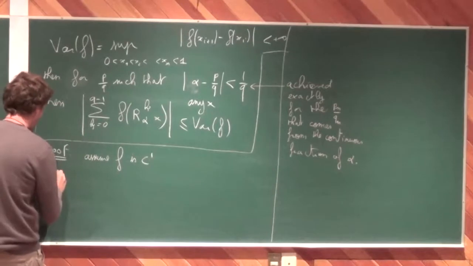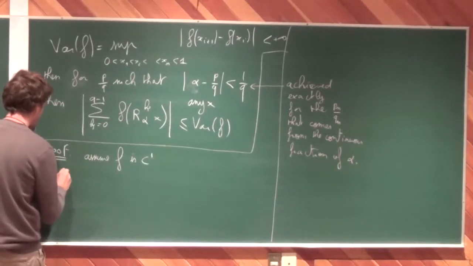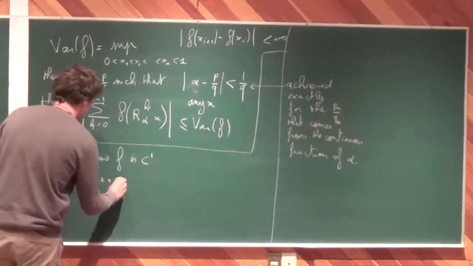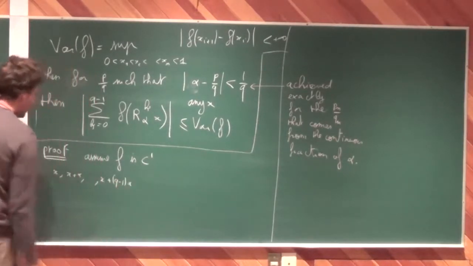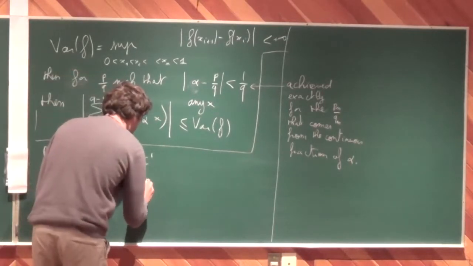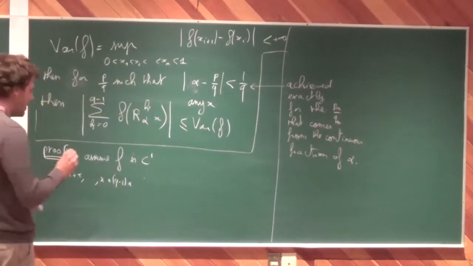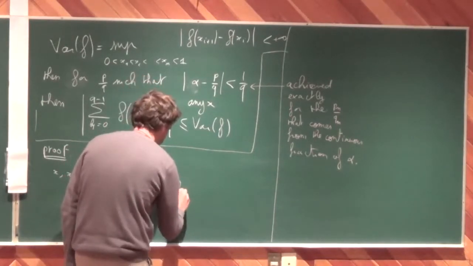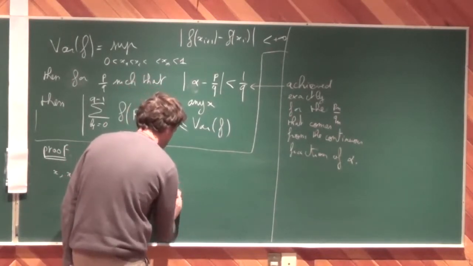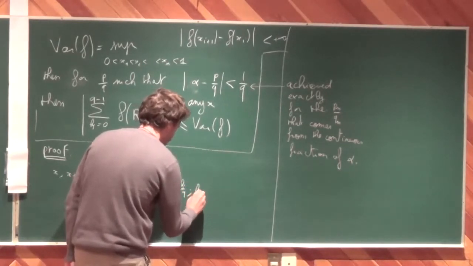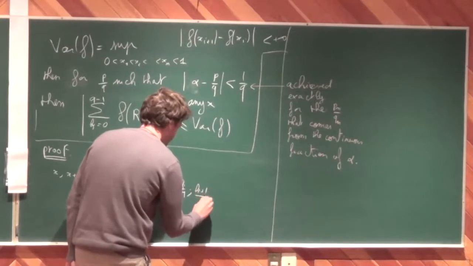You look at the points x plus alpha up to x plus (q minus 1) alpha, and at the same time at the decomposition of the interval into intervals from k over q to k plus 1 over q.